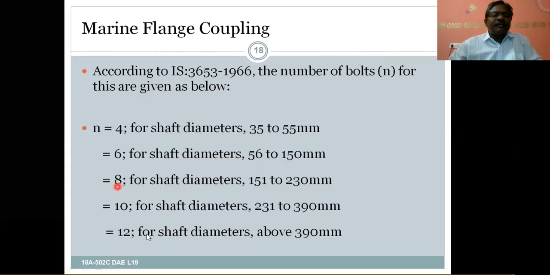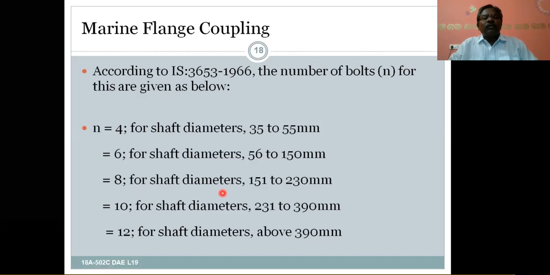N is equal to 8 for shaft diameters 151 to 230 mm, 10 for shaft diameters 231 to 390 mm, and then 12 for shaft diameters above 390 mm.